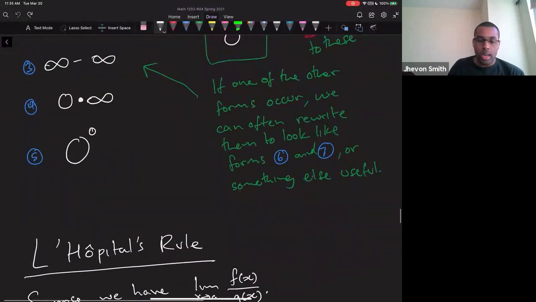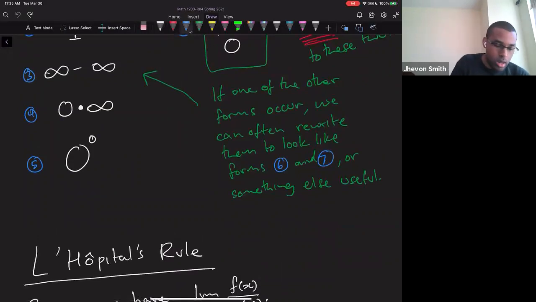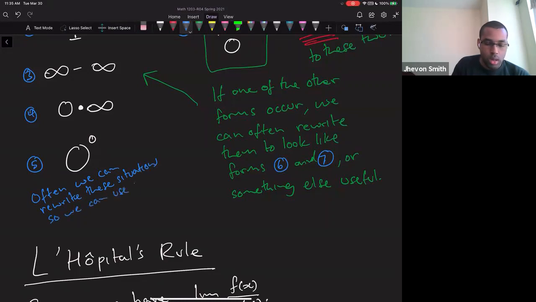Now, of course, chances are we can rewrite these situations. So we can use L'Hopital's rule or something else, of course, using algebra, which we're all experts on.